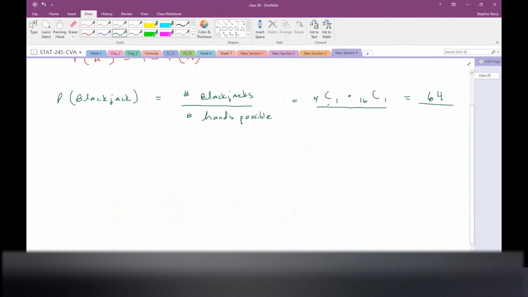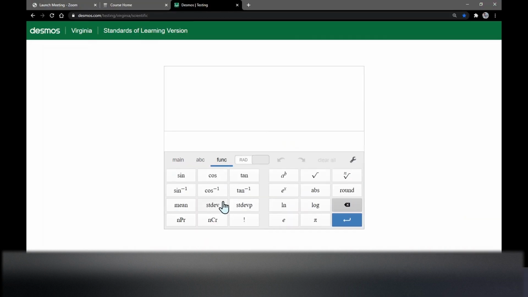Now the tricky part is how many total different hands. Well, there's 52 cards, and there's a possibility, including the blackjacks. There's 2 ways to pull. It's 52 choose 2. So there we go, you'd go function 52 choose 2.